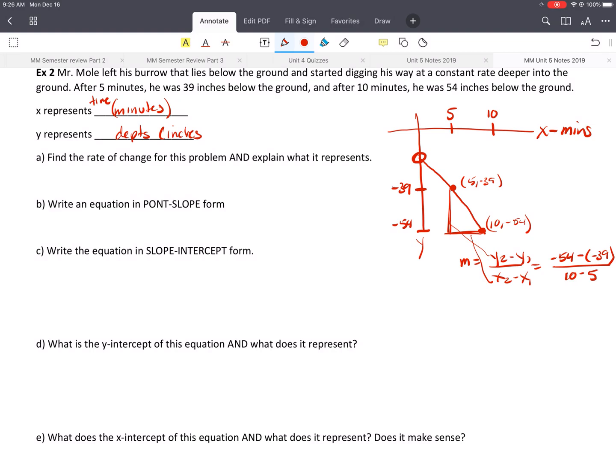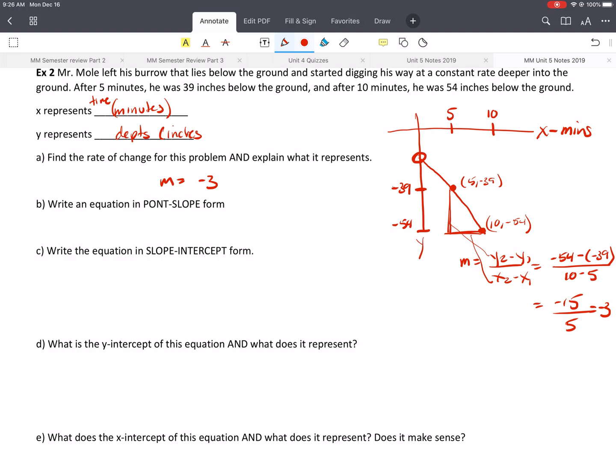Negative 54 minus a negative 39 gives you negative 15, and 10 minus 5 is 5, so it gives you a negative 3. So our slope is negative 3. And what does that represent? Basically saying every minute Mr. Mole digs 3 inches deeper.